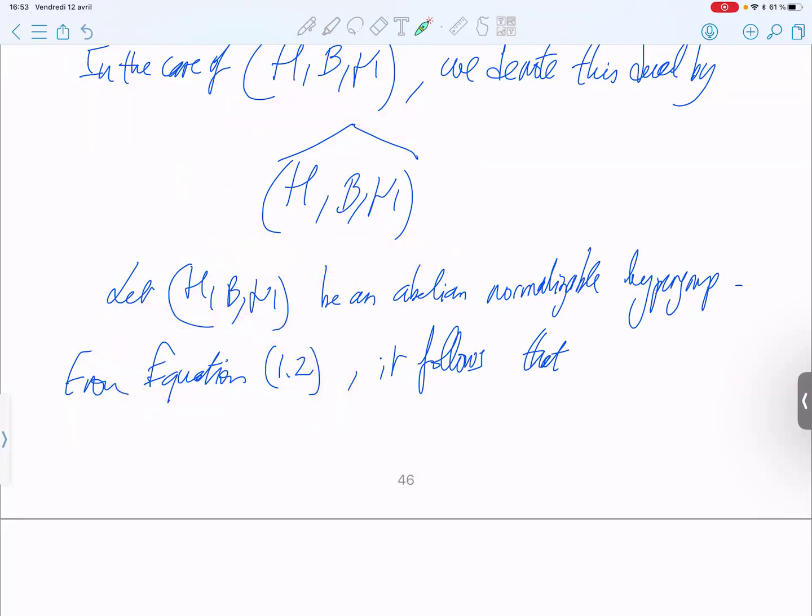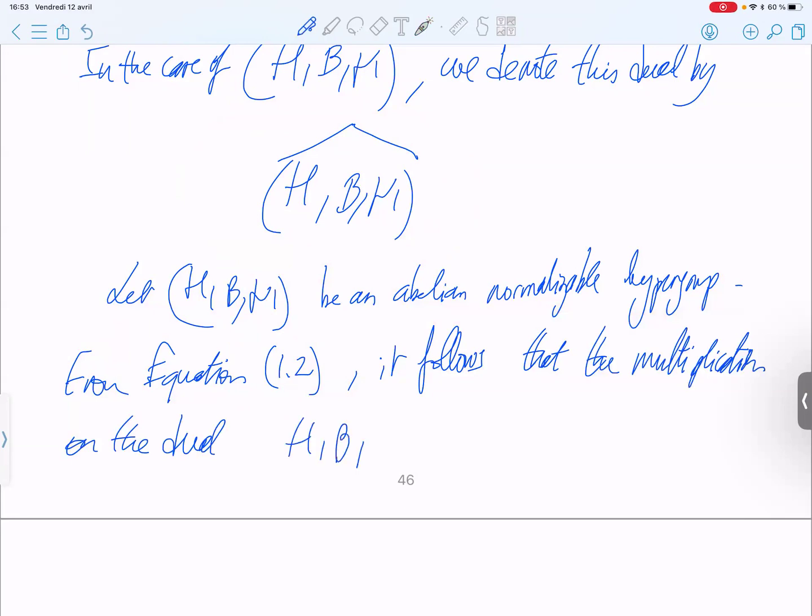Now we can get a formula not for abelian normalized hypergroups, but for abelian normalizable hypergroups. It follows that the multiplication on the dual HB mu1 hat can be written as follows.